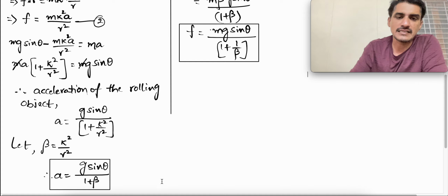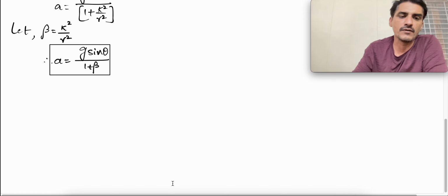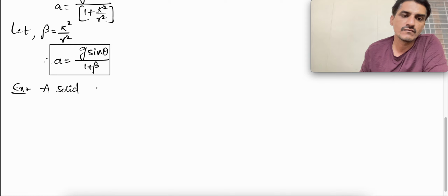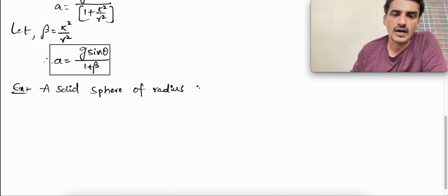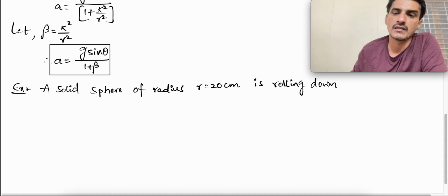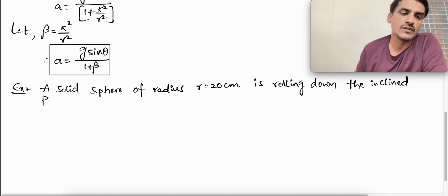Okay. Now let us do one simple problem. A solid sphere of radius r is equal to 20 centimeters is rolling down an inclined plane of angle 30 degrees.